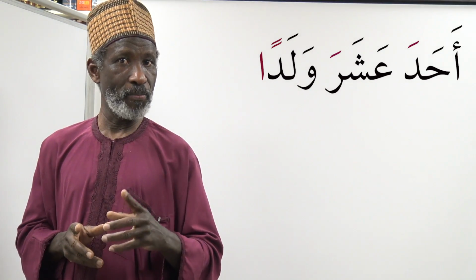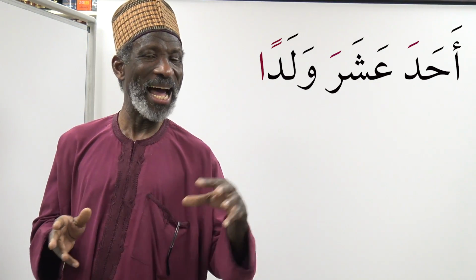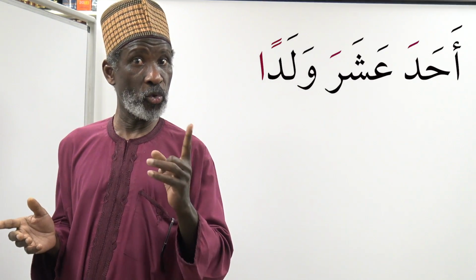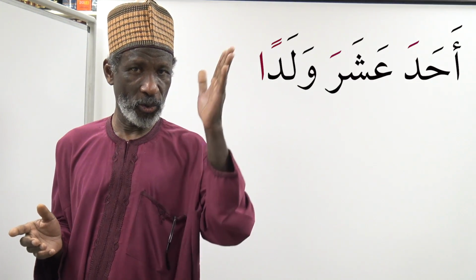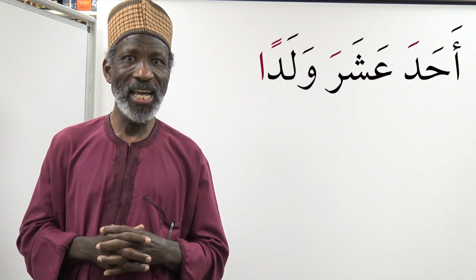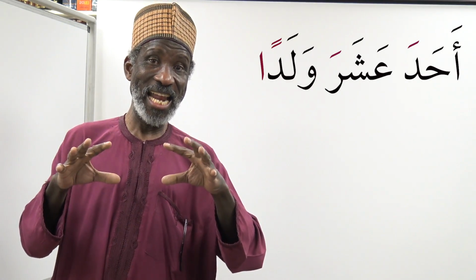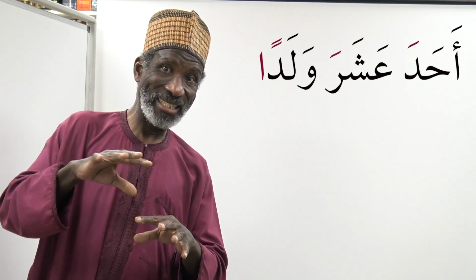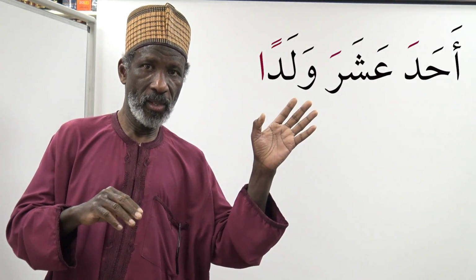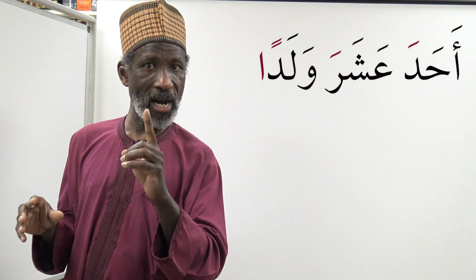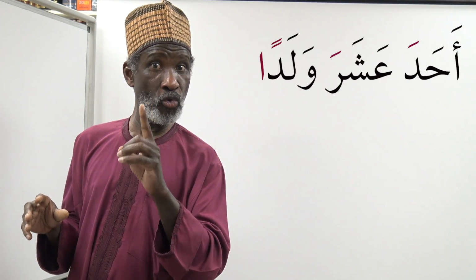And then the noun being counted, waladan, is singular but with 2 fatha. Of course, you need the alif to support it. So the noun being counted, once you are over 10, 11, will be in singular format with 2 fatha on it.